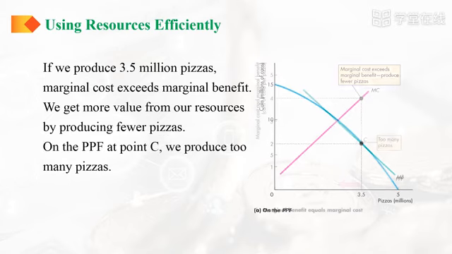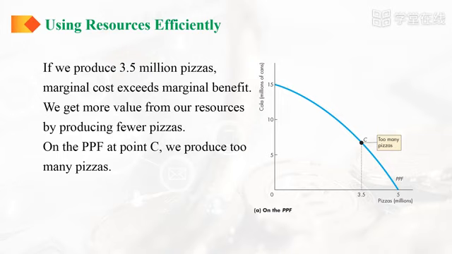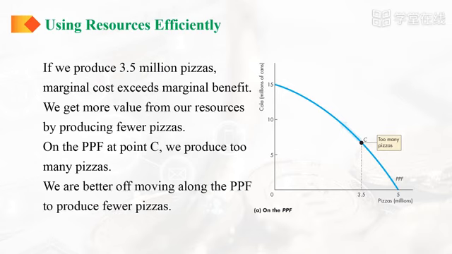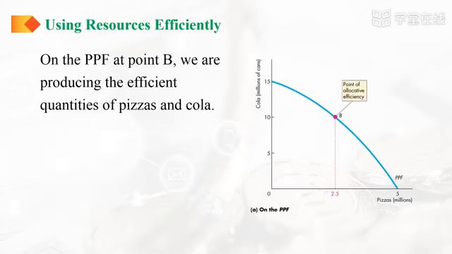On the PPF at point C, we produce too many pizzas. We are better off moving along the PPF to produce fewer pizzas. On the PPF at point B, we are producing the efficient quantity of pizza and cola.